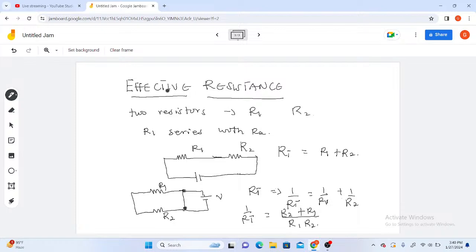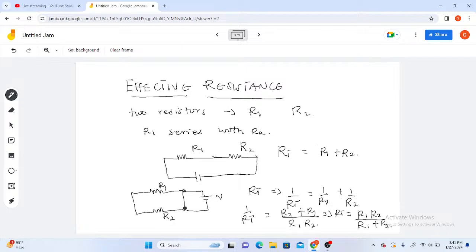We need a total resistance, not 1 over RT. For that reason, our RT is simply the inverse, that is R1 R2 all over R1 plus R2, right?